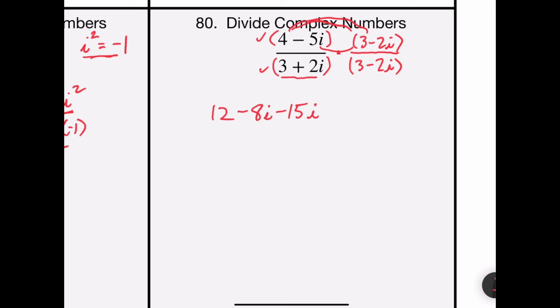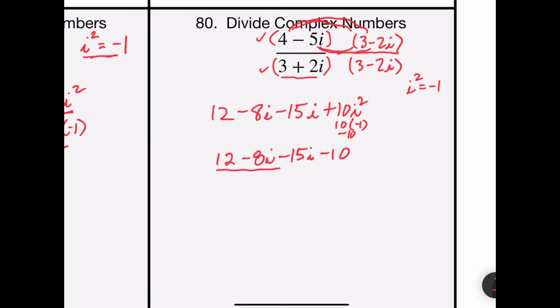And negative 5i times negative 2i will be positive 10i squared. But remember, i squared is equal to negative 1. And so in the numerator, this would actually be 10 times negative 1, which would be negative 10. So my numerator would be 12 minus 8i minus 15i minus 10.